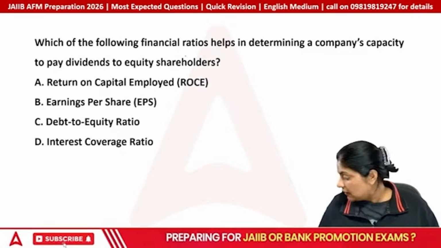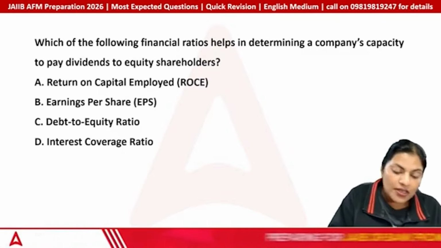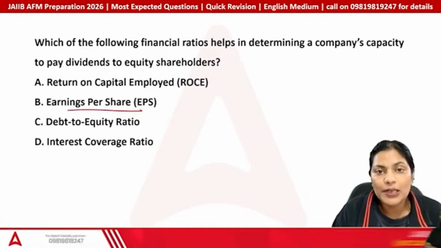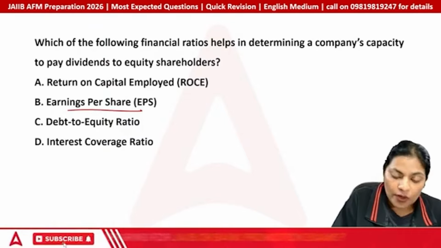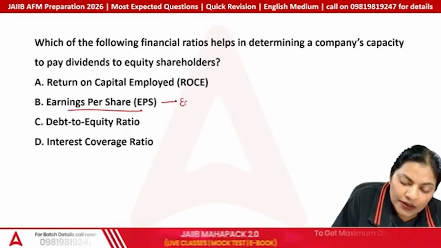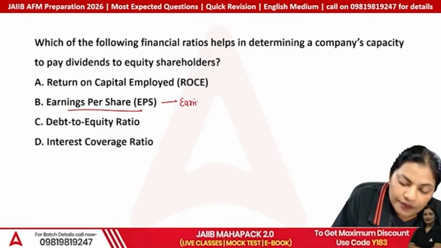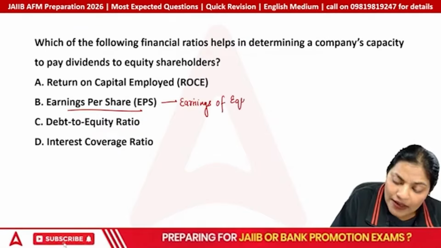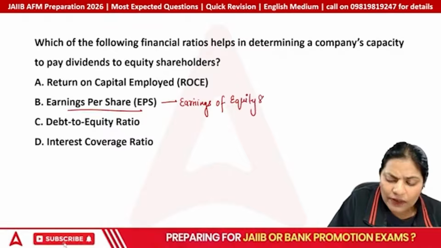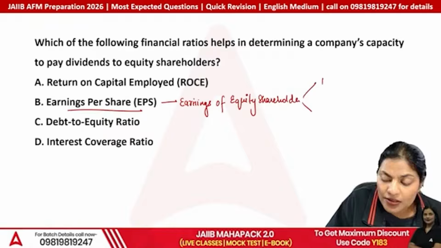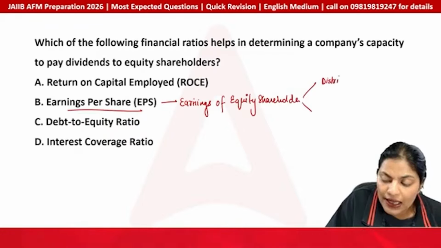Now, if we talk ahead about this concept, there is one particular ratio that would help us, which is earning per share. Now, earning per share is basically the earnings of equity shareholders, right? I would request you to answer the questions. Even if it is wrong, try to answer the question. A part of this earning is distributed, which we call dividend.